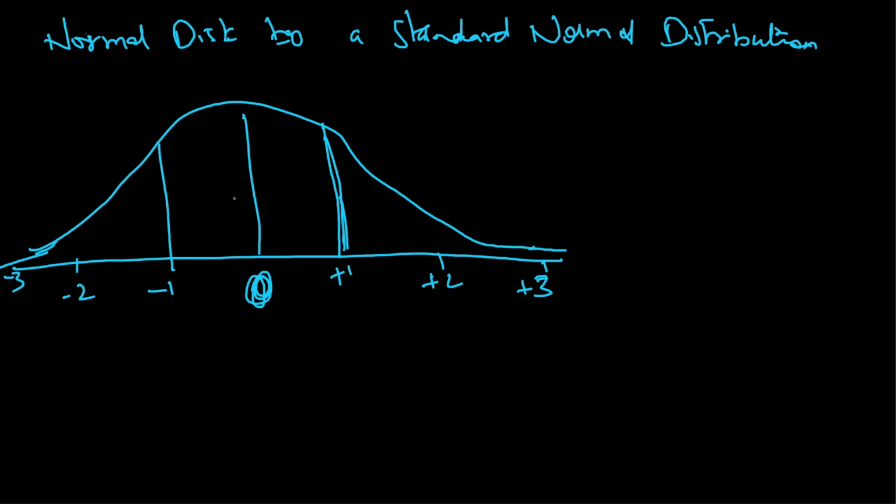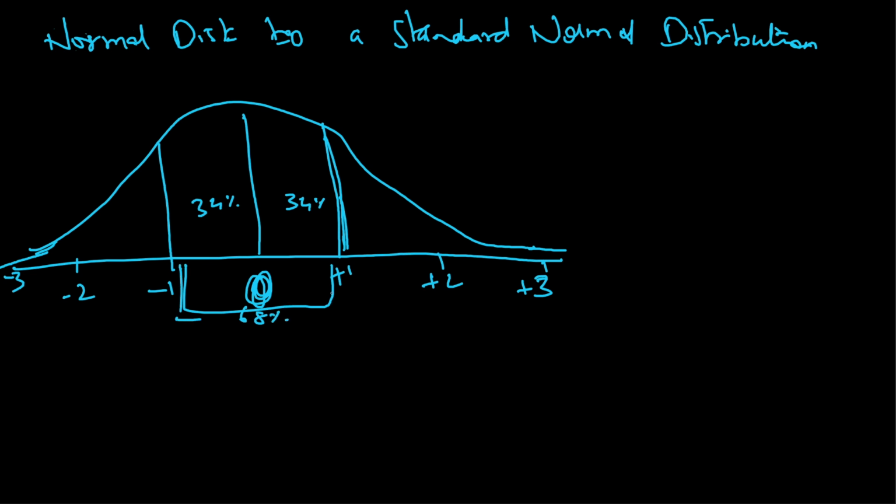Now the probability between -1 to 0 is 34%, and 0 to +1 is 34%. So overall this comes to 68% probability. These are all the observations.